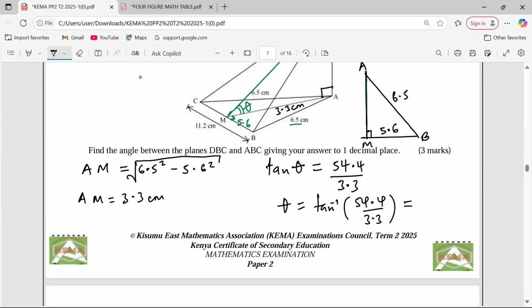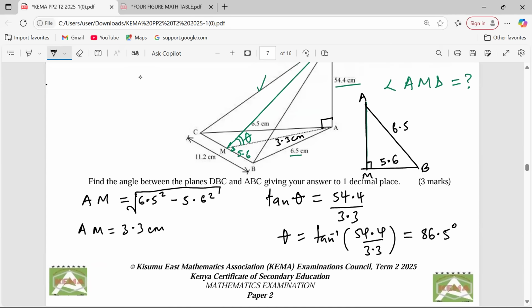So I'm taking the shift tan of 54.4 out of 3.3, and this is 86.53, but now to 1 decimal place, we will get 86.5. Yeah, 86.5. So that is it.